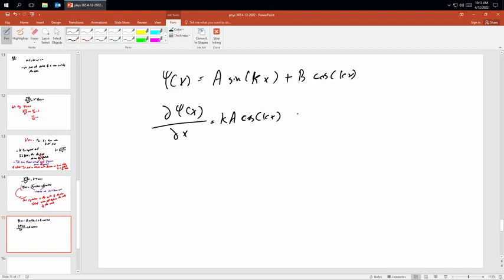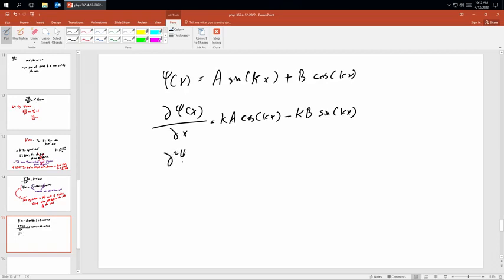And then you get b, cosine becomes minus sine, kx, multiplied by k.